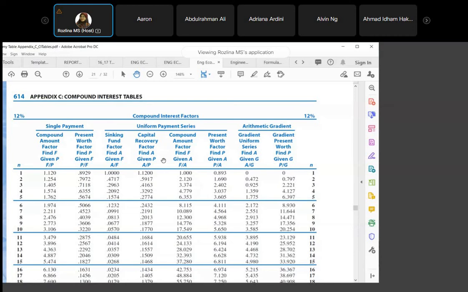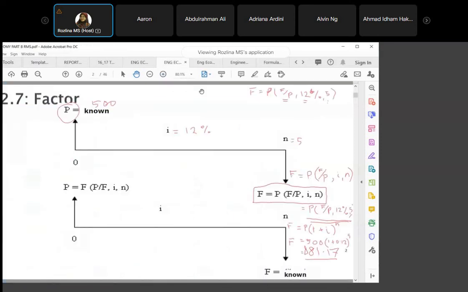I have given you this table as well in your e-learning. So 12% with F over P and N is 5 is 1.762. P is berapa tadi? 500. Tengok jawapan sama tak? Is the answer same?